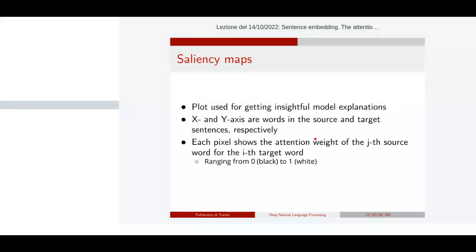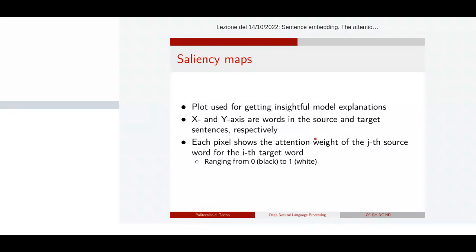Okay, these are plots used for model explanation, which leverage the attention information. So X and Y are words, as in the previous case, for the source and target sentences. For the self-attention, source and target are the same. You can also apply it not only for the self-attention, but also for attending other pieces of text in the same way.